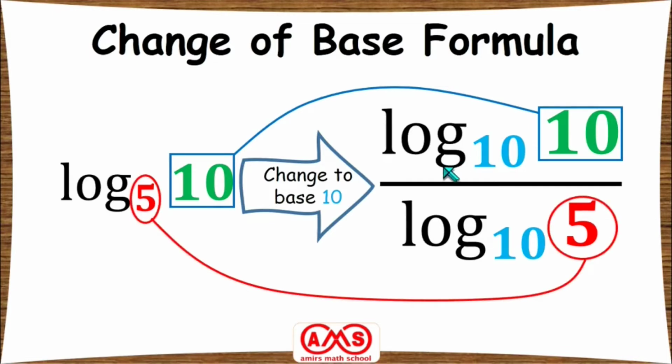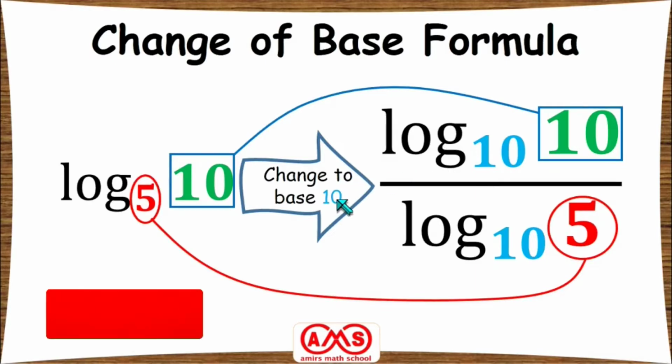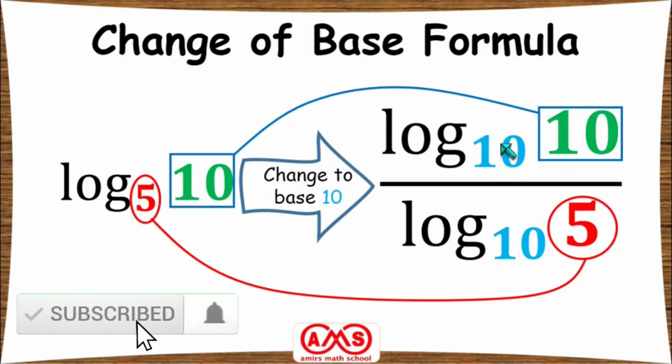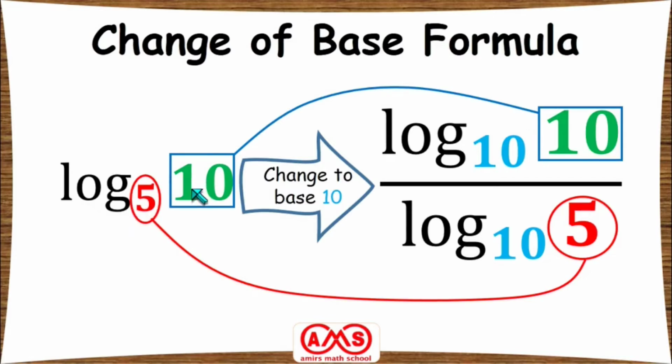And we want to change the base of logarithm to the new base 10. We just write here, that is 10, here 10. When we want to change log 5 base 10 to new base 10, in that case, we will write log 5 base 10 is equal to log 10 base 10 divided by log 10 base 5.